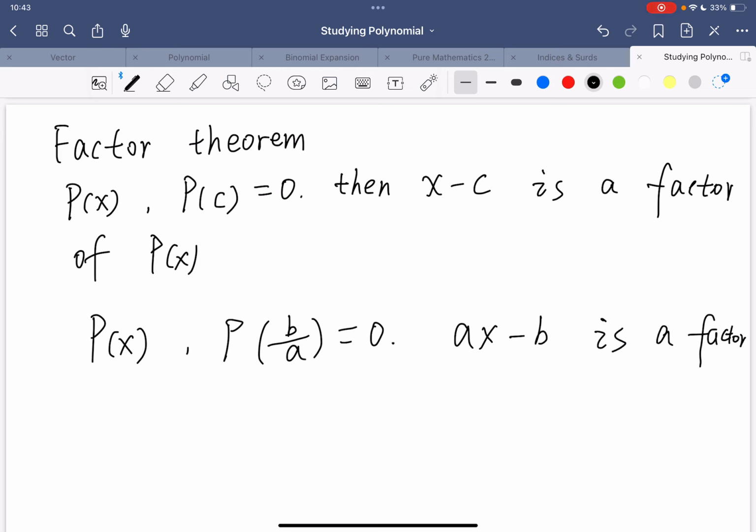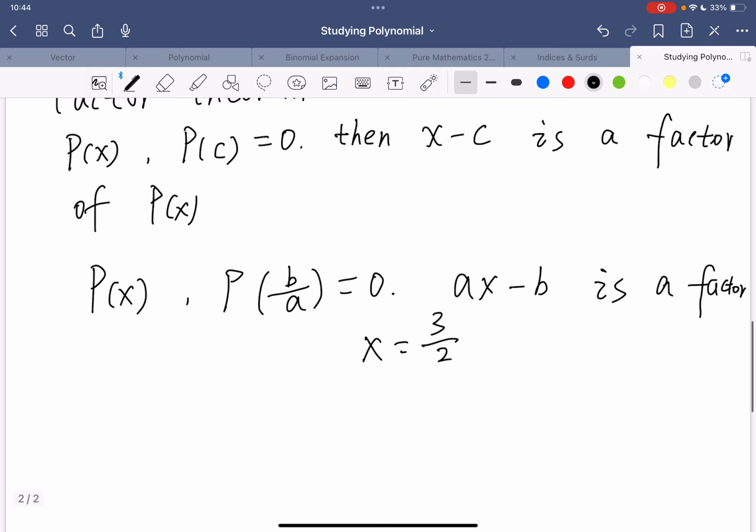How can we do that? For example, if x equals 3 over 2, we'll make the whole equation equal to 0.